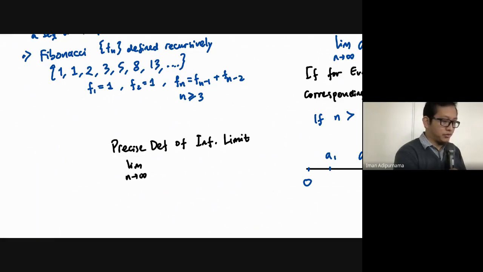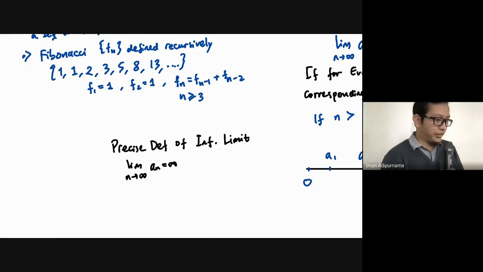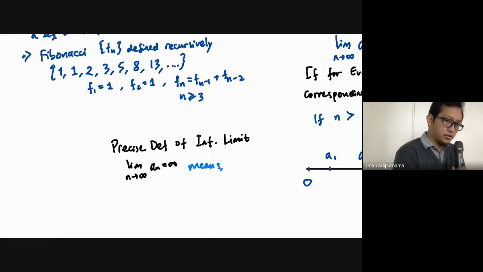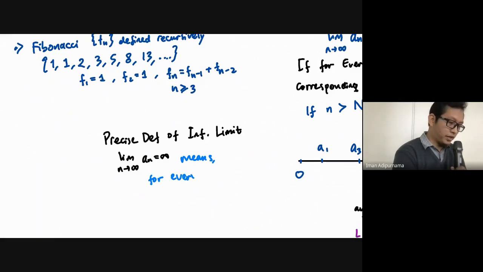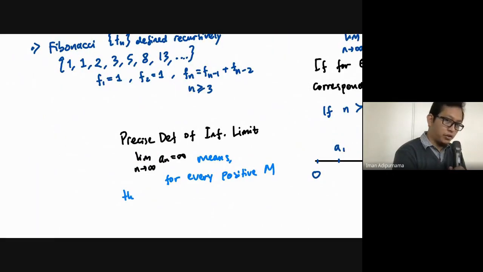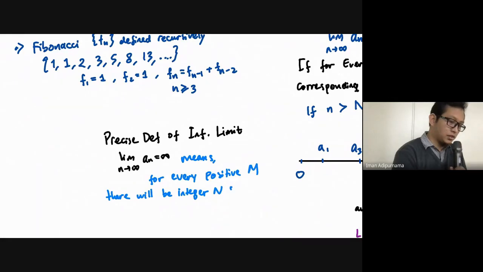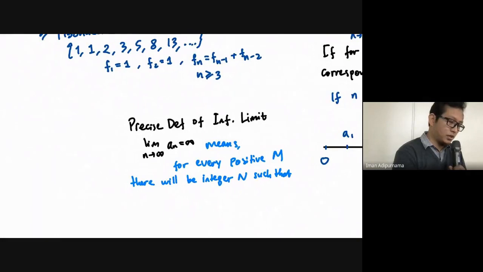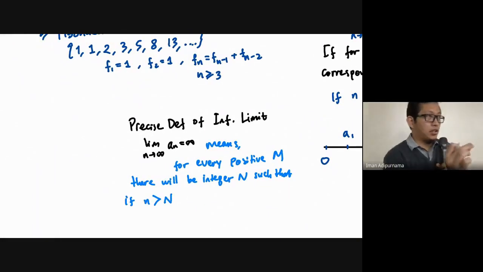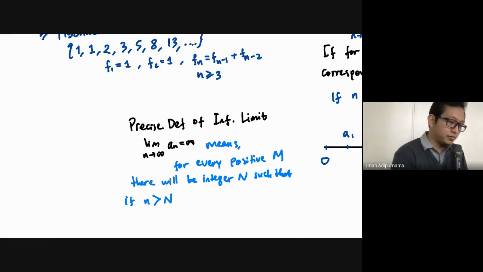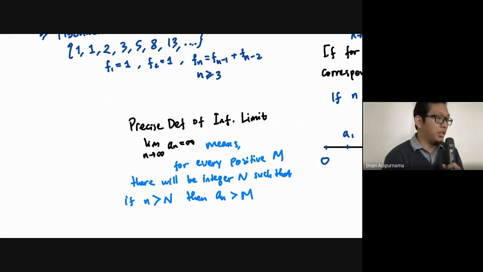So limit as n approaches infinity of a_n is infinity if for every positive M, let's define the M, there will be an integer N such that if n is greater than the integer N, then a_n is greater than the big M. Meaning it's getting larger and larger and larger.